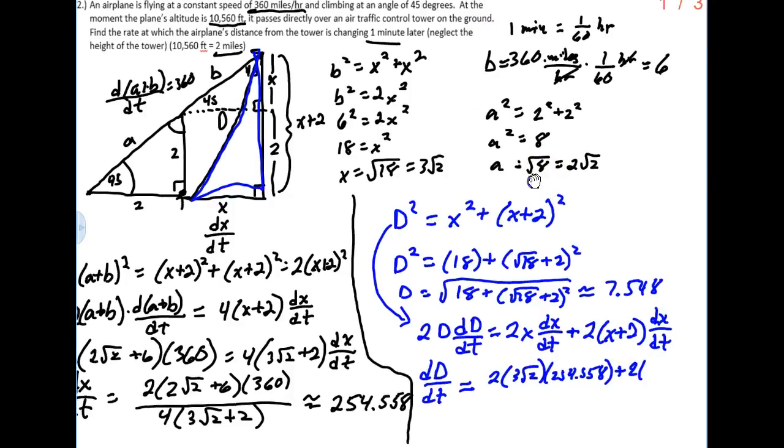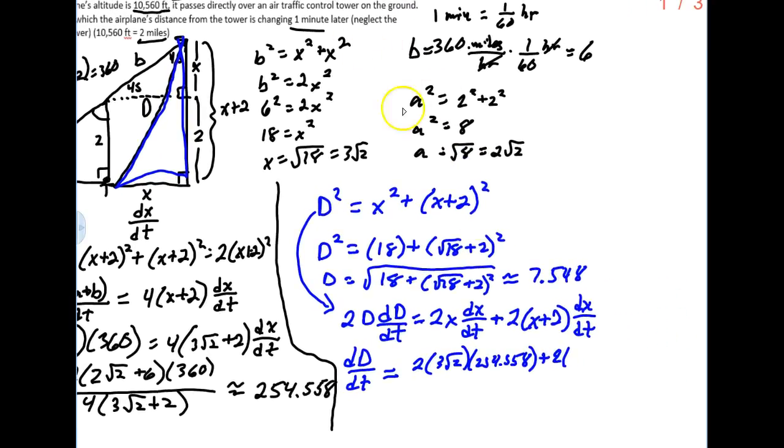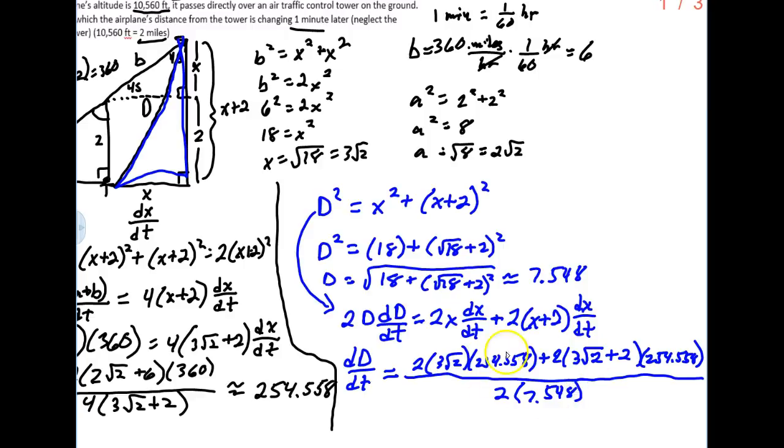So, of course, we'll move it over a little bit. x was 3 root 2 plus 2, times dx/dt, which we found over here to be 254.558, all divided by 2d. So d, which we calculated up here to be 7.548. Now, obviously, that is all numeric, and so then we would be able to just do a calculation to arrive at our final result.